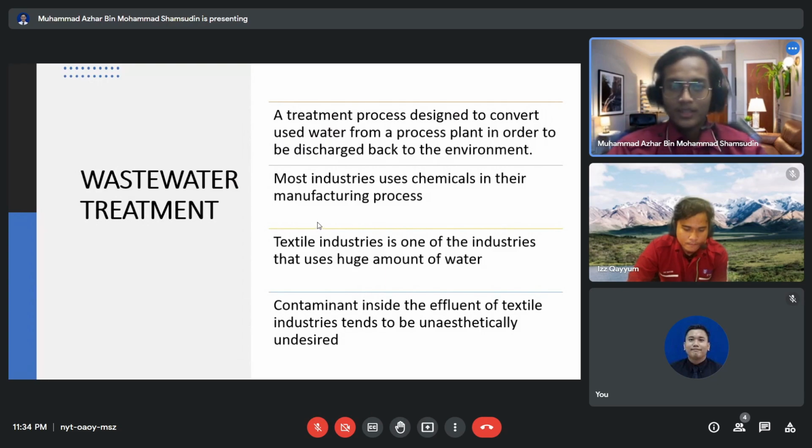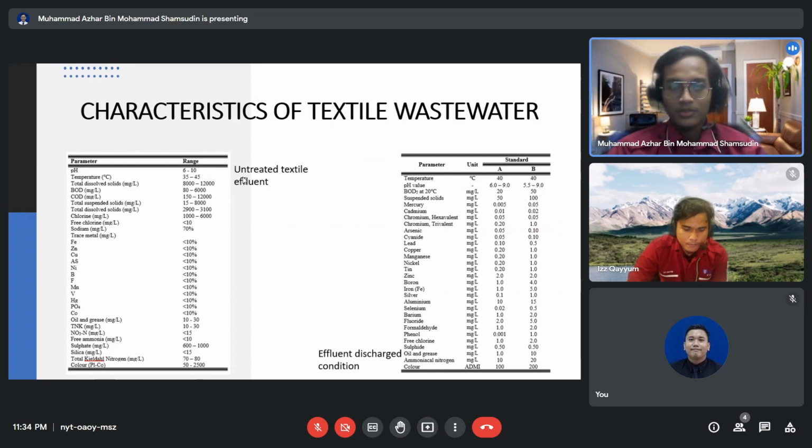Next, I am going to show the characteristics of textile wastewater. The left table is the characteristic or quality of the untreated textile effluent.